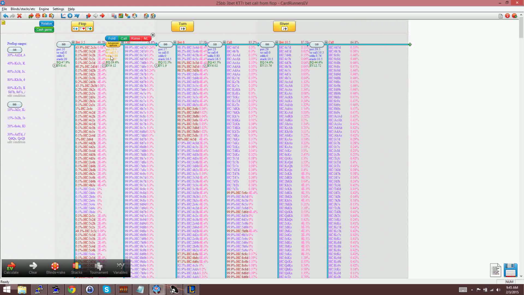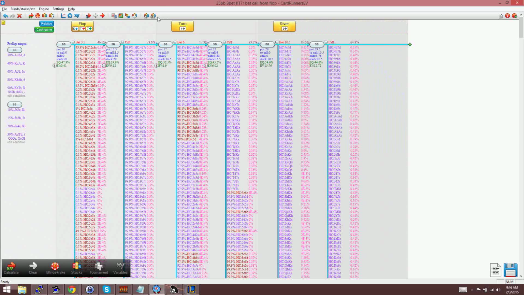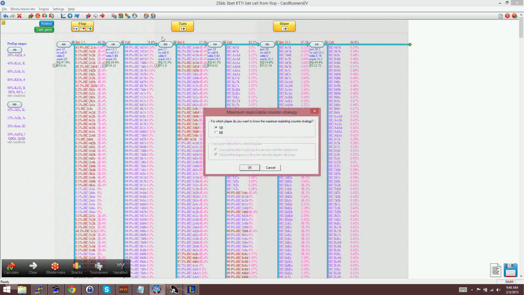So we put in play from the flop, but we put in a specific turn card, a specific river card. CREV is only including those two things. And now, if we click max exploited play, it will only do that for the river, and we can see how this river EV changes. So our goal here is that this 15.76 number should change not at all or very little when we do a maximally exploitive calculation.